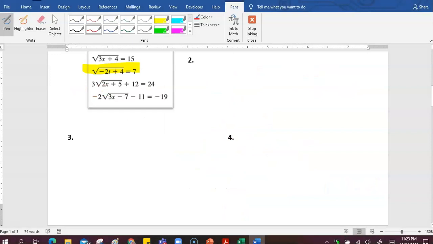Let's head to number 3. Underneath the radical, I have negative 2t plus 4. It is isolated on the left. So I'm ready for the step where I square both sides. My radical drops off. And then I solve a two-step equation.